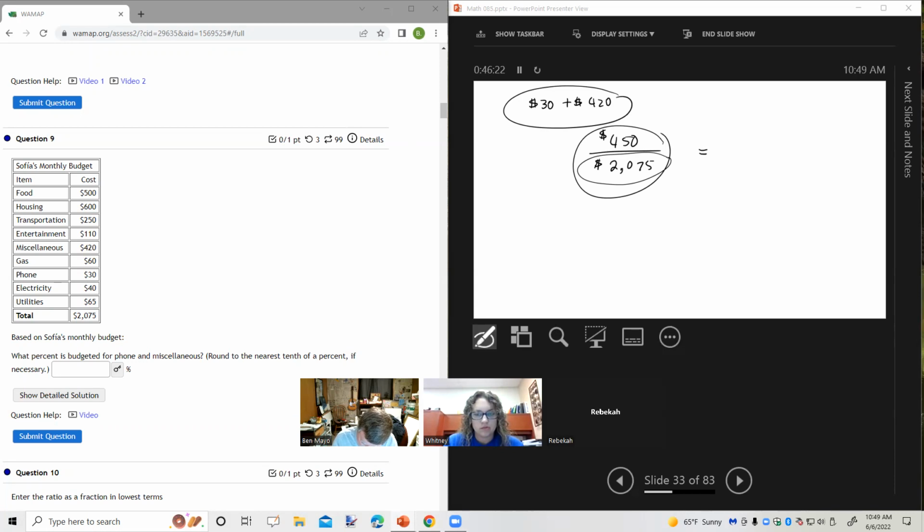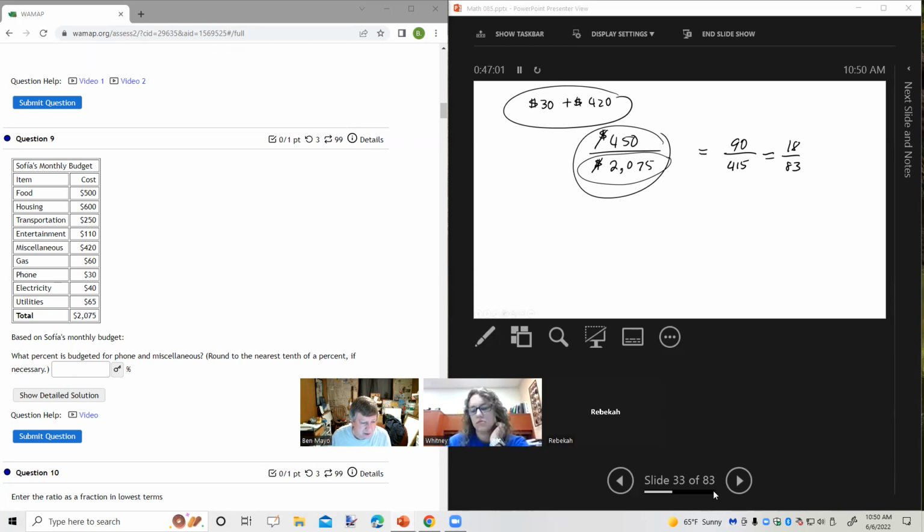So if we take 450 divided by 5, we get 90. We can cross out the common dollar signs. 2,075 divided by 5 is 415. But those are both divisible by 5 as well. So 90 divided by 5 is 18, and 415 divided by 5 is 83.